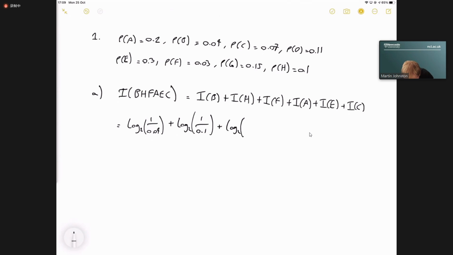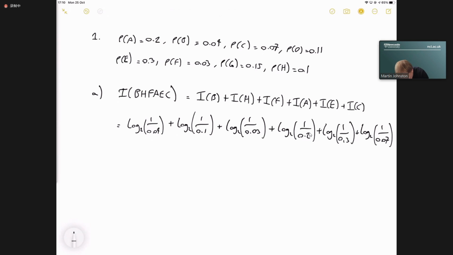Then for F, 0.03, so 1 over 0.03. Then A, log to base 2 of 1 over 0.2. And then E, 1 over 0.3. And then finally C, 1 over 0.07.